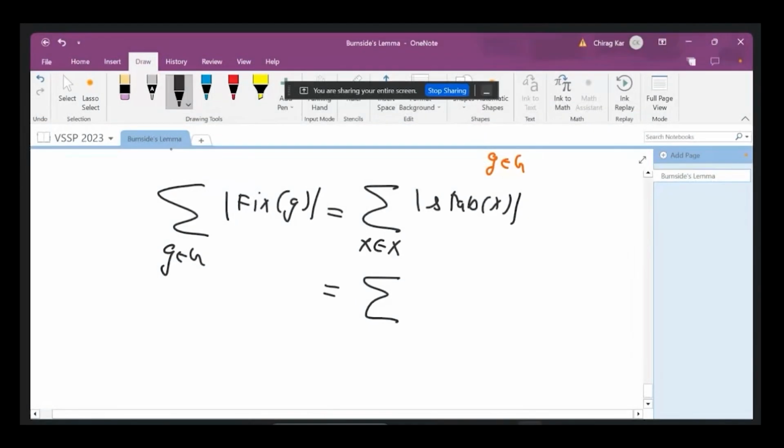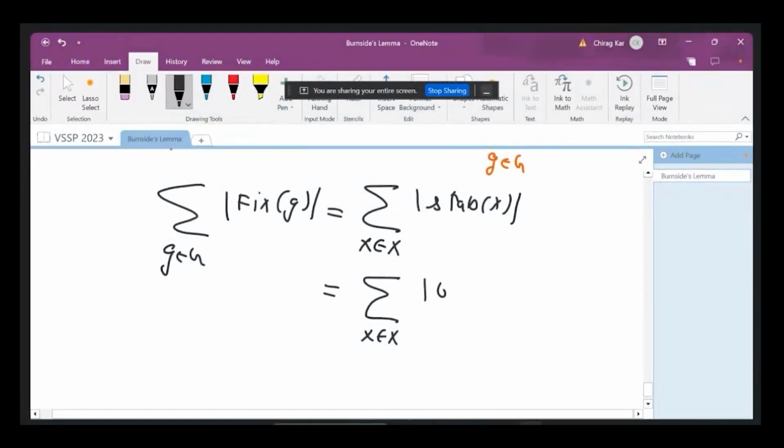But let's look at this a little more carefully. The right hand side, by the orbit stabilizer theorem, which of course works because G and X are finite, is the same as the order of G divided by the cardinality of the orbit of x.